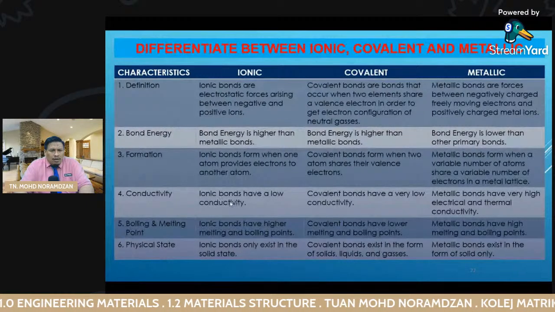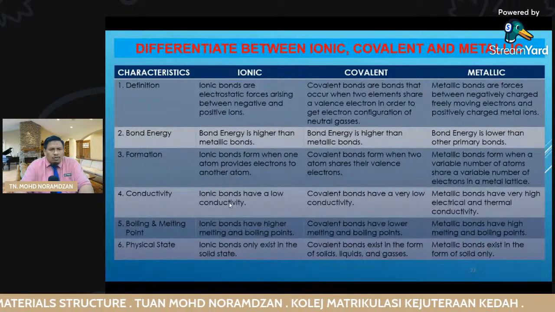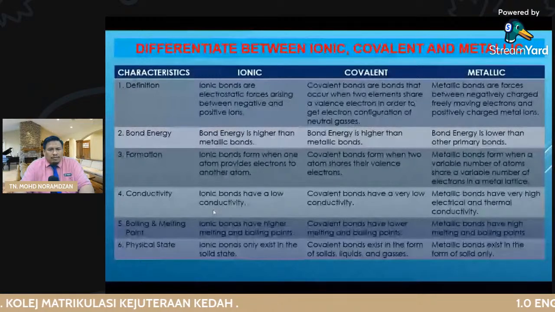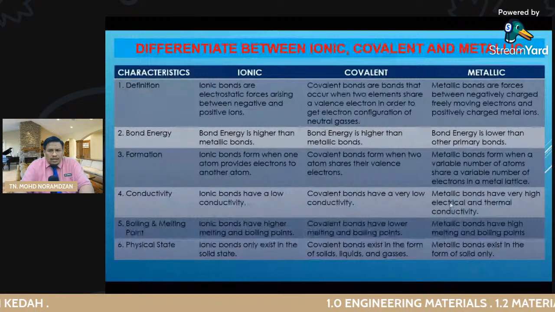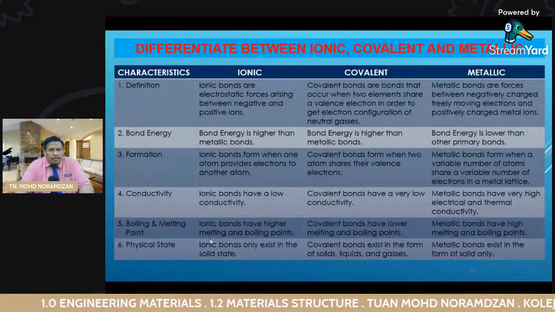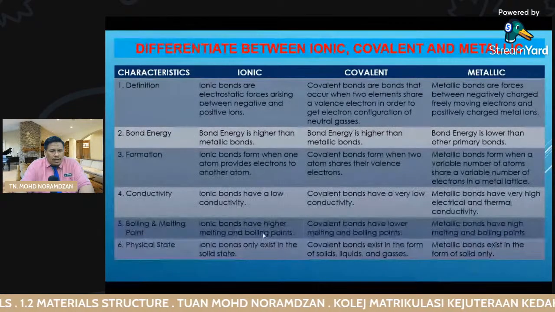Conductivity. Ionic bond has a low conductivity. Okay, you must know ionic has low conductivity because there are no free electrons. Covalent form has a very low conductivity. Metallic bond has a very high electrical and thermal conductivity. Okay. Boiling and melting point. Ionic bond has higher melting point and boiling point.